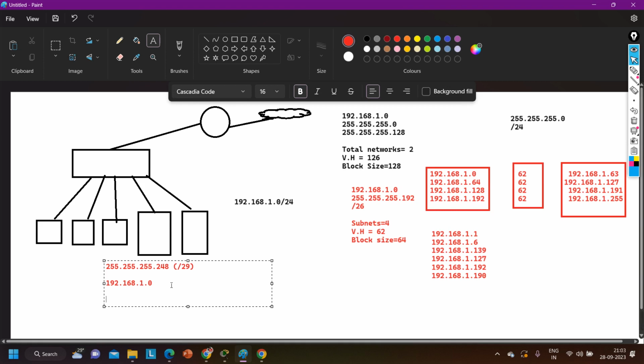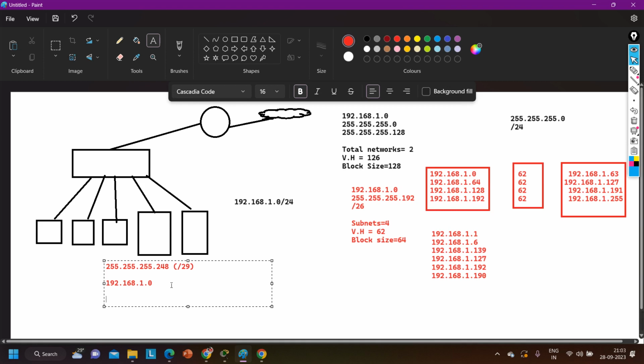Just remember like this: for class A, 8 bits are reserved for network, for class B 16 bits are reserved for network, and for class C 24 bits are reserved for network. Out of these network bits, for class A we have set 1 bits for the range, so we have 7 free bits.